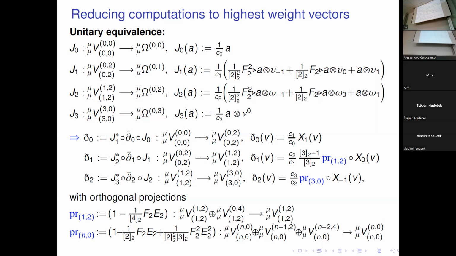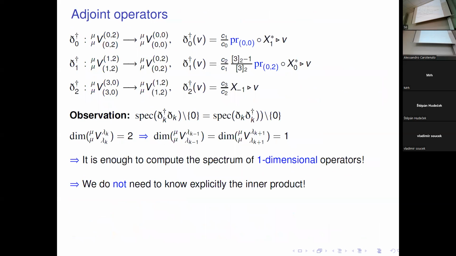These are orthogonal projections, although they are not star invariant. So for the adjoint operators, there is a problem just taking the star. If you take the star in the Lie algebra, the real structure, our tensor products are not invariant. You need to put the projections here.